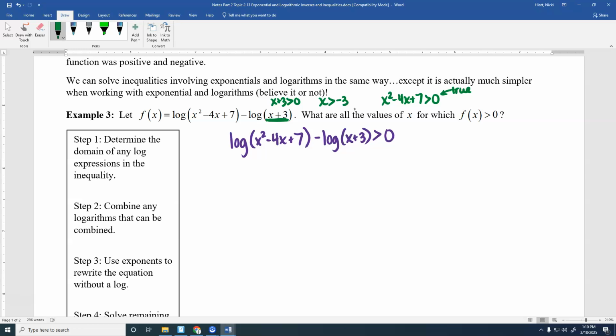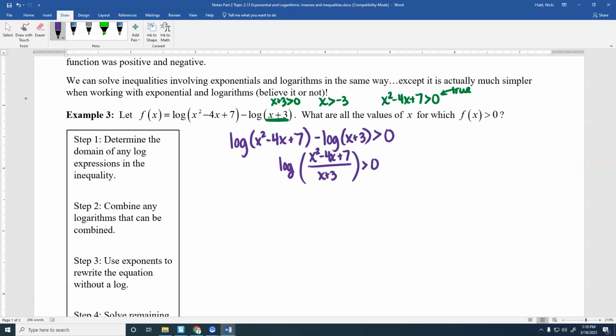So if I want to solve this, then I need to combine those logarithms. So I'm going to have log of, if I have subtraction, it becomes division. So I've got x squared minus 4x plus 7 over x plus 3 is greater than 0.